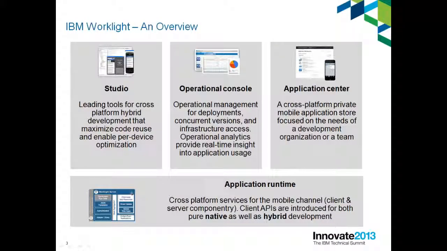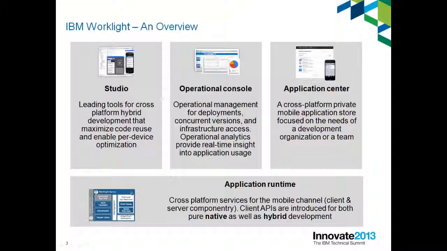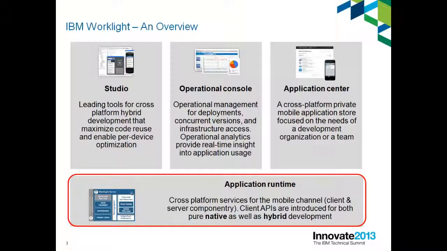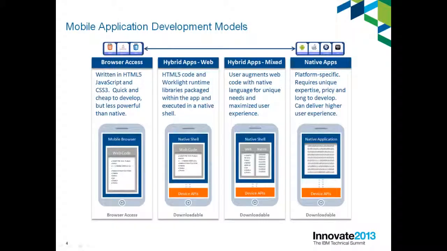And finally, we have the application runtime. This has the server side that manages security, analytics, and a bunch of other things, and the client side that runs on the device. If we focus a little more on the application runtime, we see these four types of apps you can develop with Worklight.